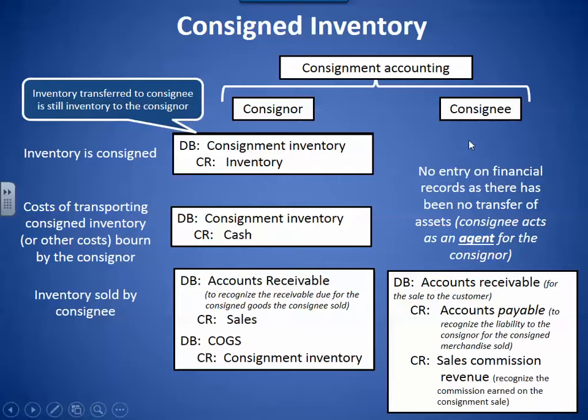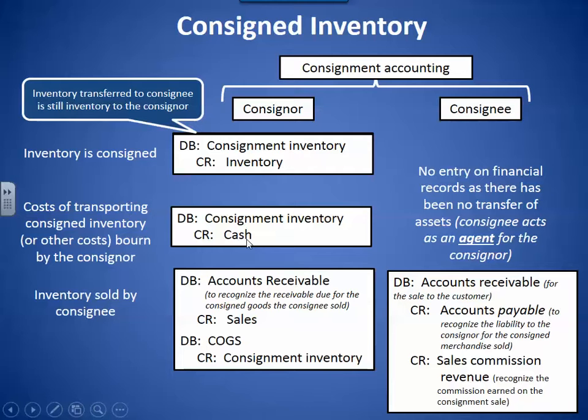And you'll notice there's no entry recorded on the transfer of inventory. Any cost of transporting the consigned inventory, or other costs, is typically borne by the consignor. If that's the case, there's a debit to consignment inventory for the value of those costs, and a credit, in this case, to cash.